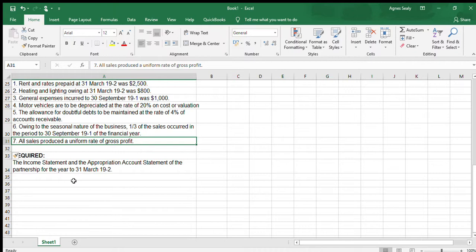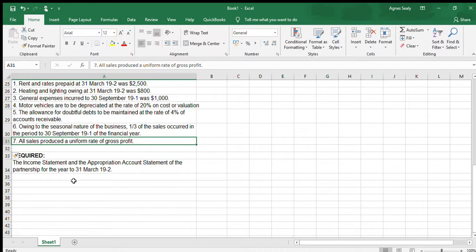So one of the first things that we have to look at when we are looking at this partnership change is when the change occurs. One of the things we need to identify as well is the financial year of the business. The financial year does not necessarily have to follow the calendar year, January to December, but it can start any time of the year.